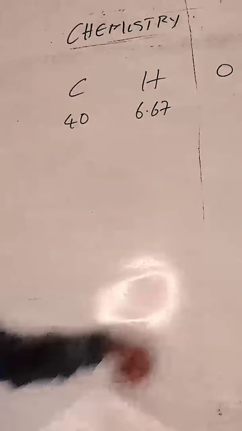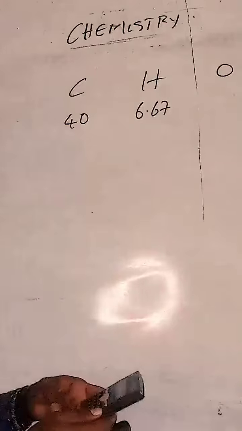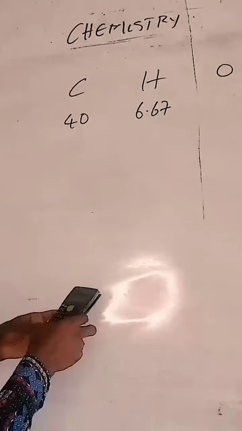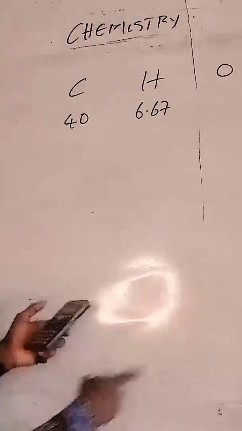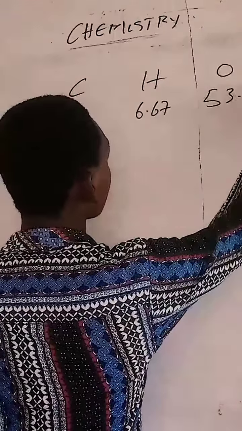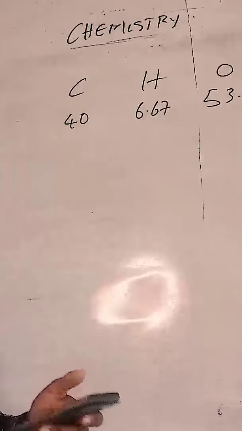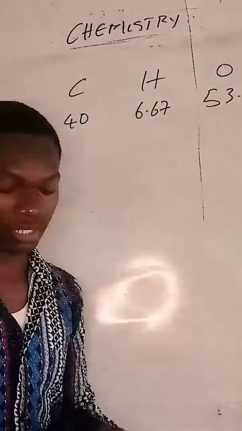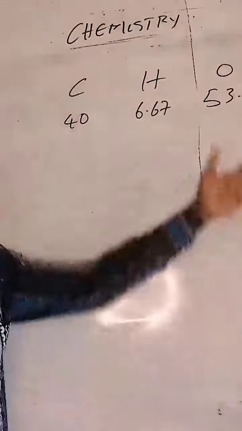We are not told the percentage of oxygen, but we know the total percent is 100, so 100 minus 40 minus 6.67 gives 53.33 as the percentage of oxygen. If you add all these values, you get 100, right? So we've identified the percentage of oxygen.